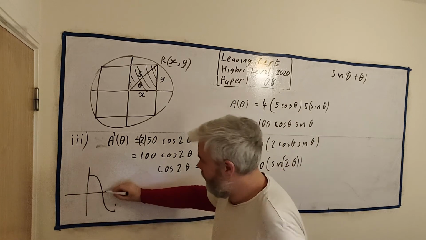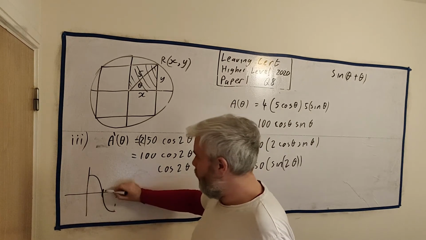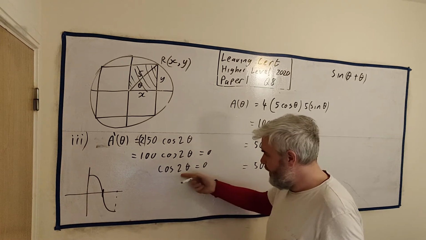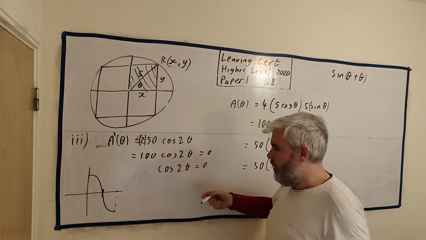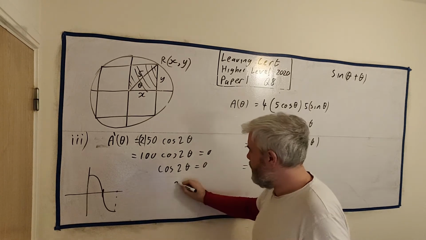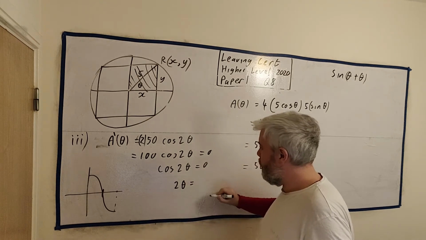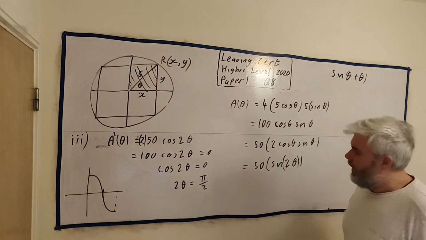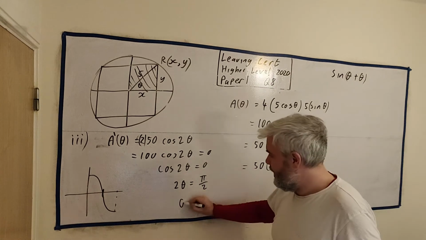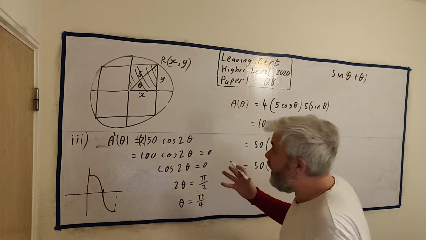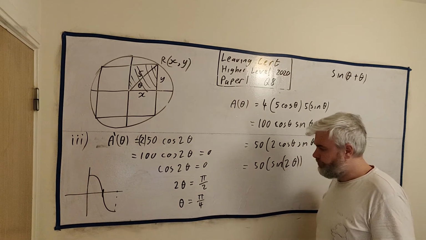When is this equal to 0? That's quite straightforward. When it's equal to 90 degrees. I'm sorry, we're using radians. So this happens when 2 theta is equal to pi over 2, or 90 degrees. And that means that theta is equal to pi over 4. Think of that, that's 45 degrees.